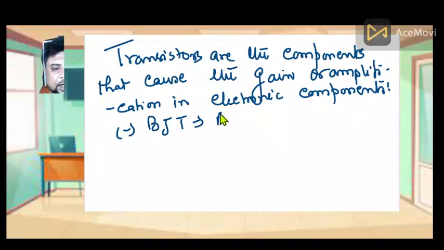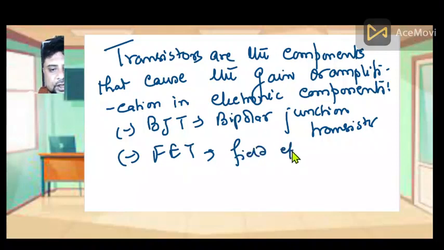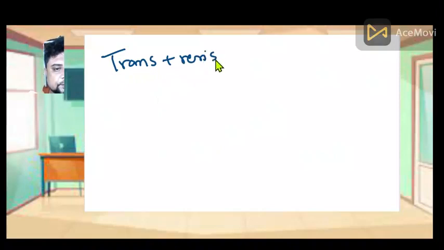They are of two types: BJT, bipolar junction transistor, and FET, field effect transistor. We will discuss the origin of the name bipolar junction transistor, and these things in detail. Now this word transistor is made up of two words, trans plus resistor.